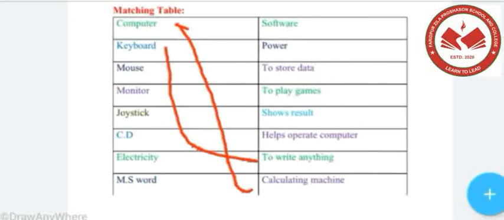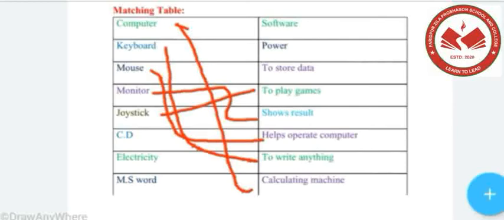We know that mouse helps operate computer, so we can make a line between this option. Mouse helps operate computer. Our next option, monitor. We know that monitor shows result, so we can make a line between monitor and shows result. Joystick. We know that joystick is used to play games, so we can make a line between joystick and to play games. CD or compact disc.